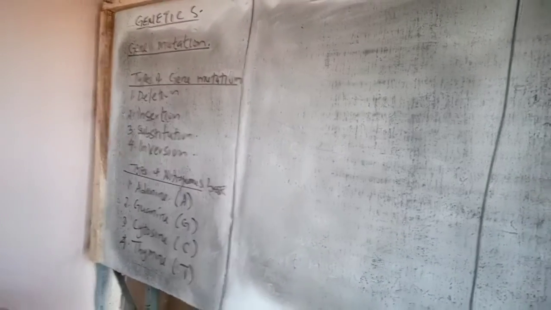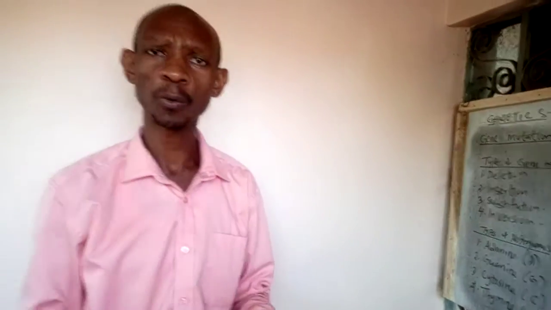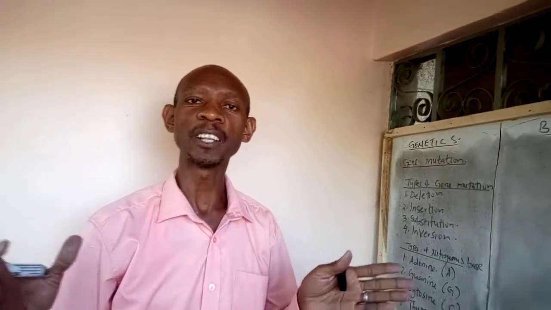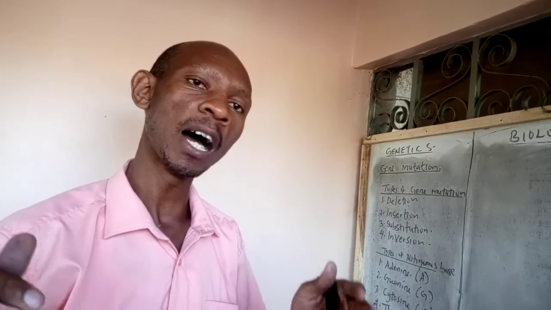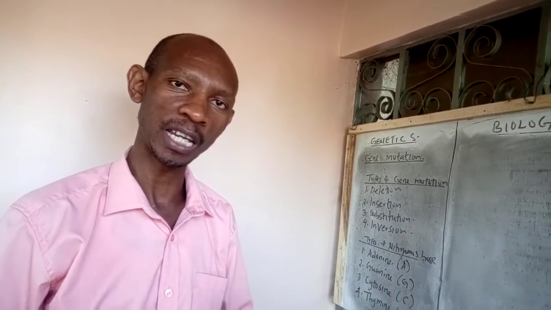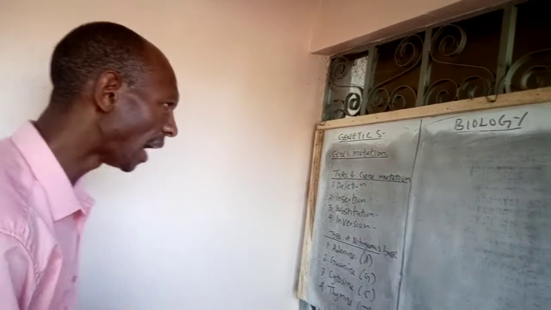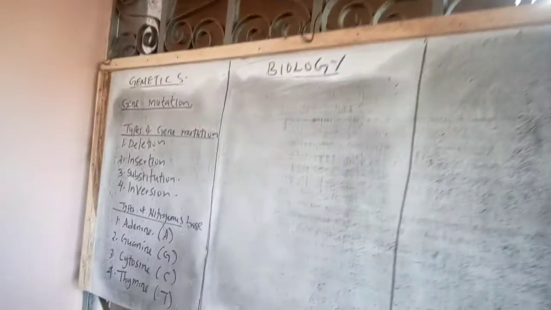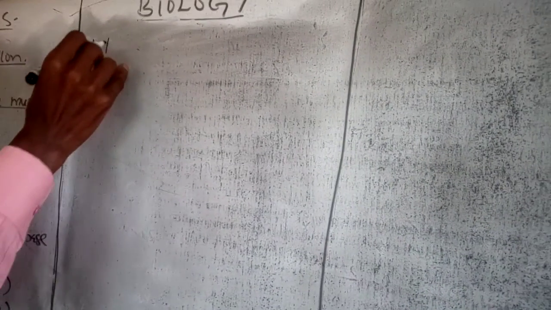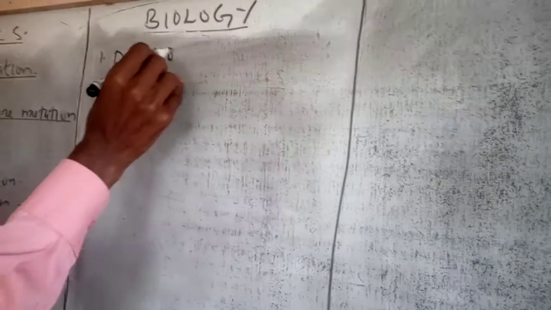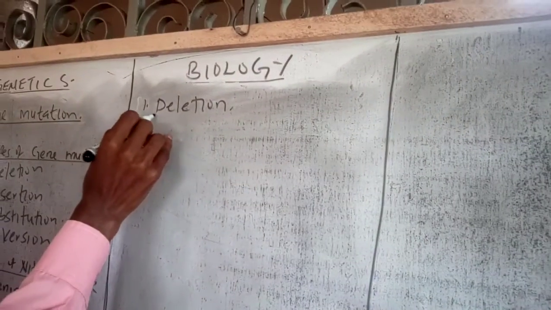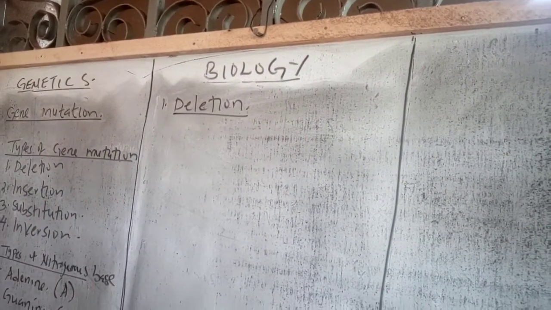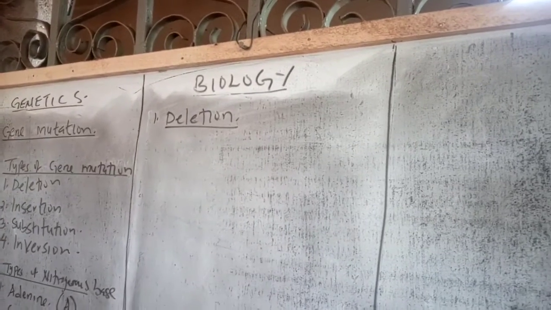I'm going to be explaining the types of gene mutation using these nitrogenous bases. The first one is deletion. Deletion involves the removal of a gene portion.